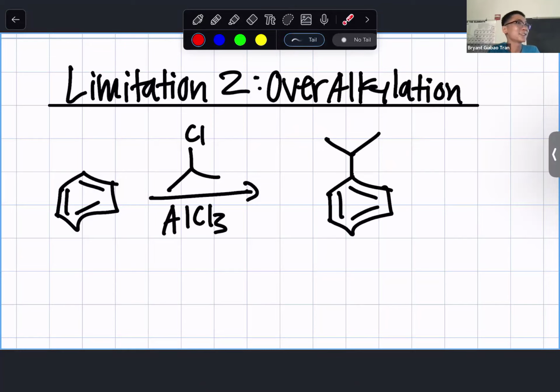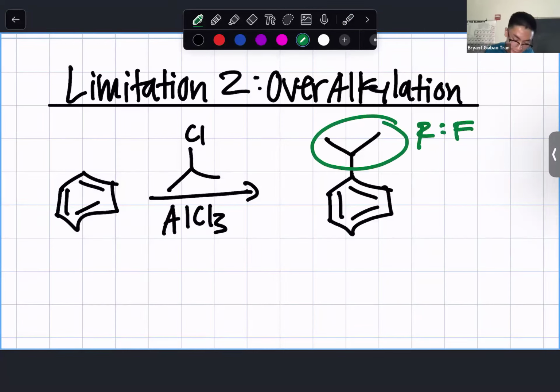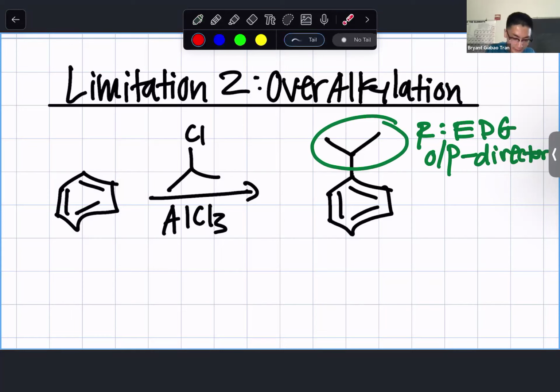Is this an EDG or an EWG? It would be an EDG because this is an R group, right? And any R group is an EDG. So R group, EDG. Like it could be a methyl group, ethyl group, isopropyl group, any random hydrocarbon chain. And we said EDGs are ortho-para directors, right? This reaction would not stop here.